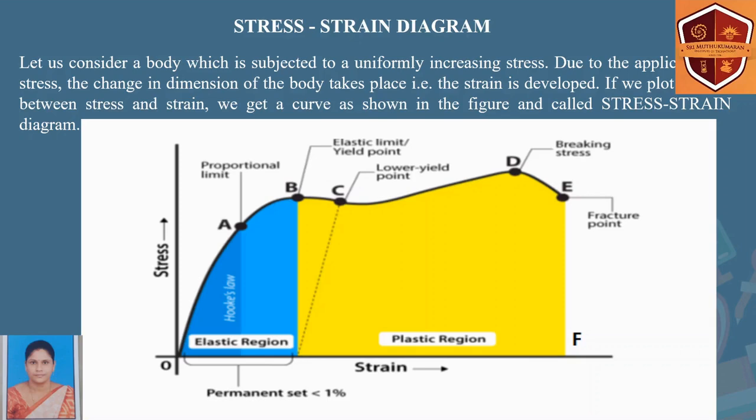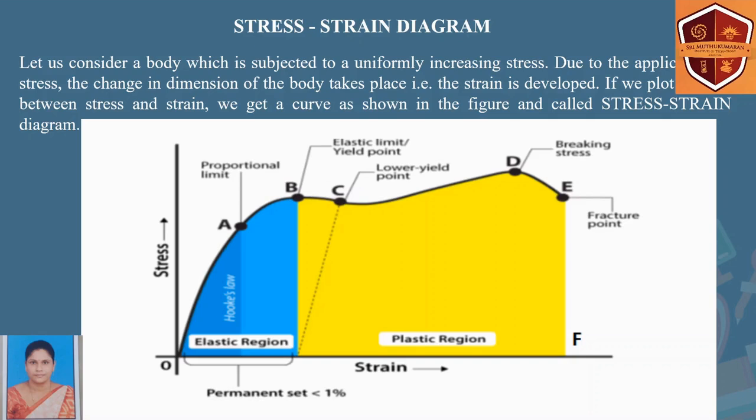One is A, which is called the proportional limit, then the elastic limit, and this is the yielding point. When we apply the pressure to the material, it starts to increase up to the proportional limit. So here O to A is denoted as the proportional limit. Only up to this point does the material obey Hooke's law.